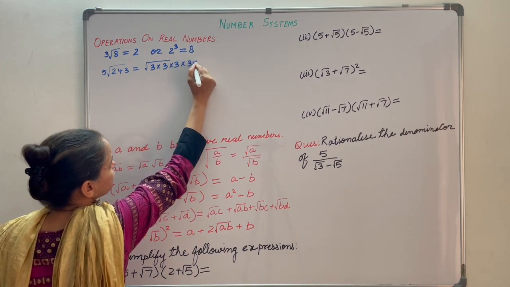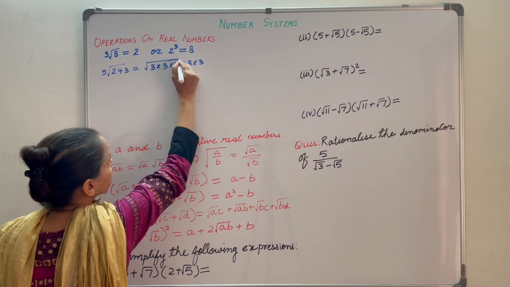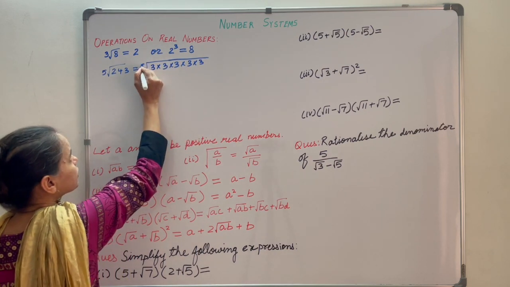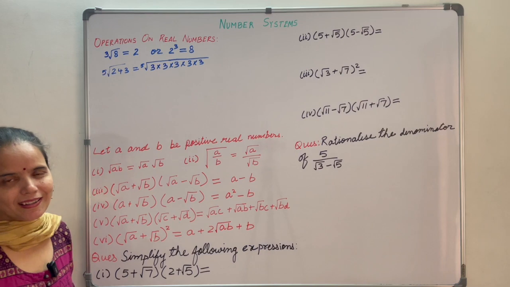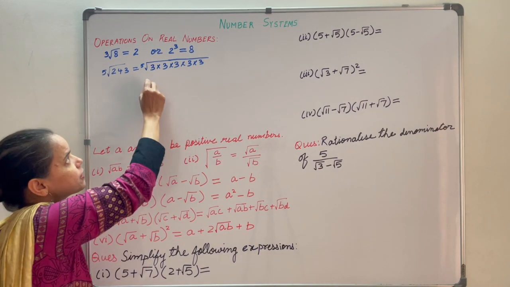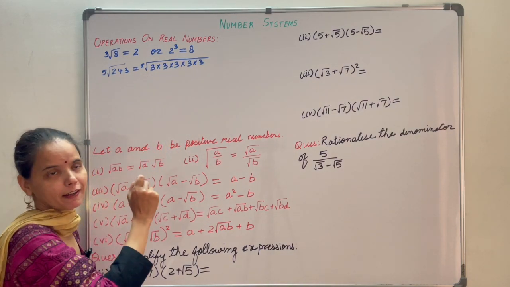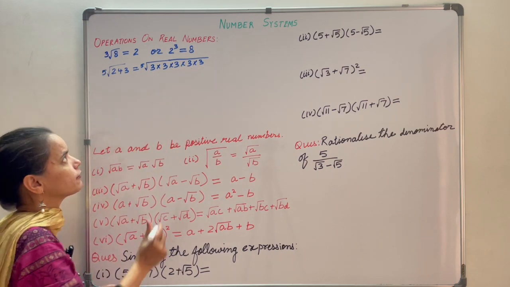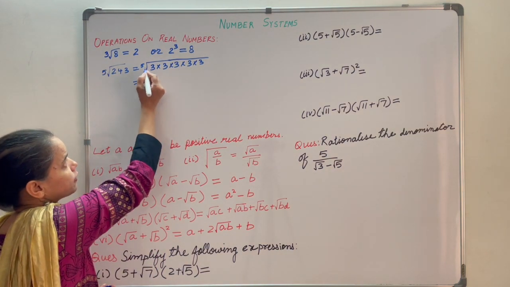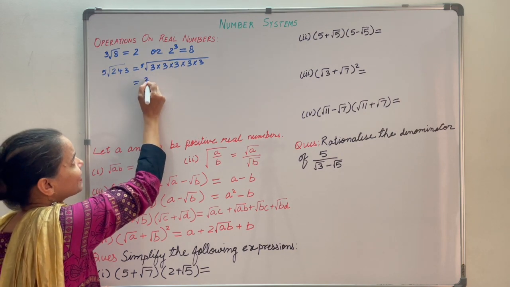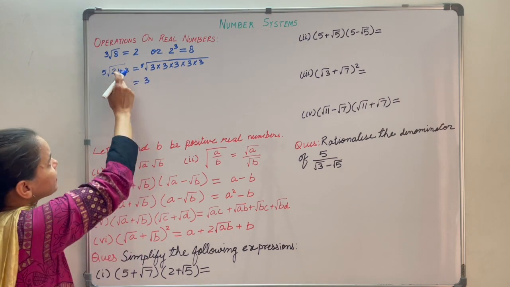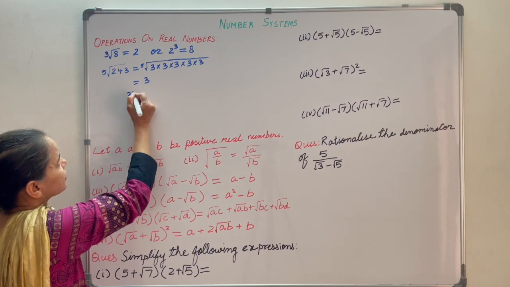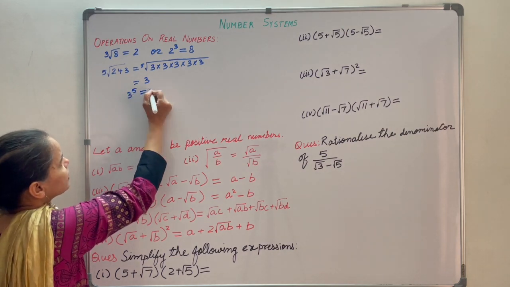So this is the fourth time and this is the fifth time. So you have to find out the fifth root of 243. That means you have to make groups of 5. So here you can see that 3 is in a group of 5. So when you take the fifth root of this, you will get 3. Or we can write the same thing as 3 raised to the power 5 is equal to 243.